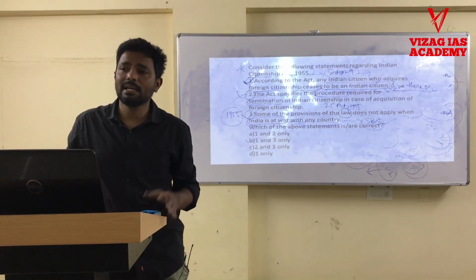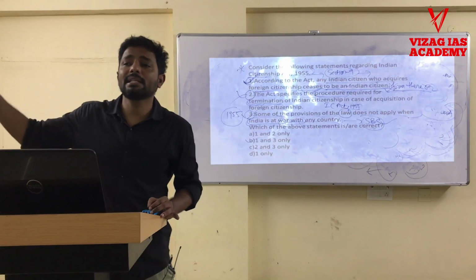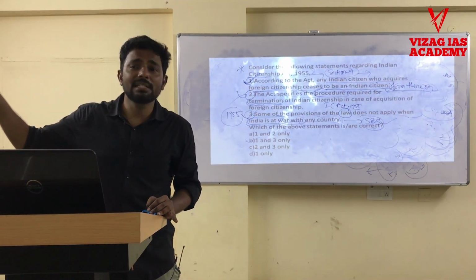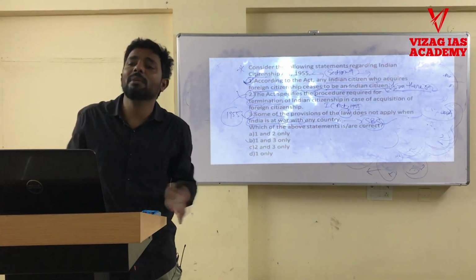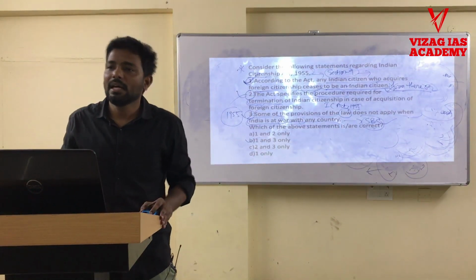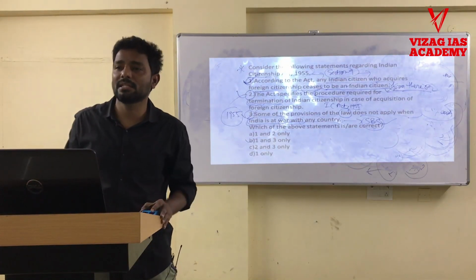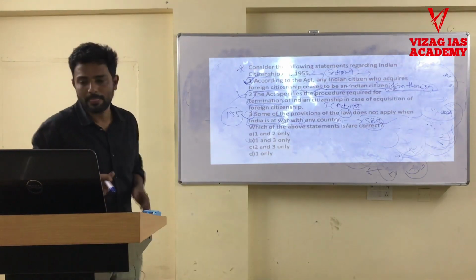He felt some threat and he left the country and acquired the citizenship of Qatar. Then his Indian citizenship automatically ceases to exist. From that date he ceases to be an Indian citizen. Got it? Okay.